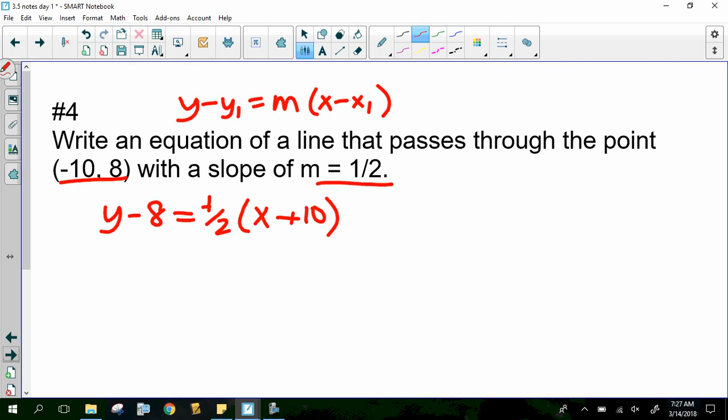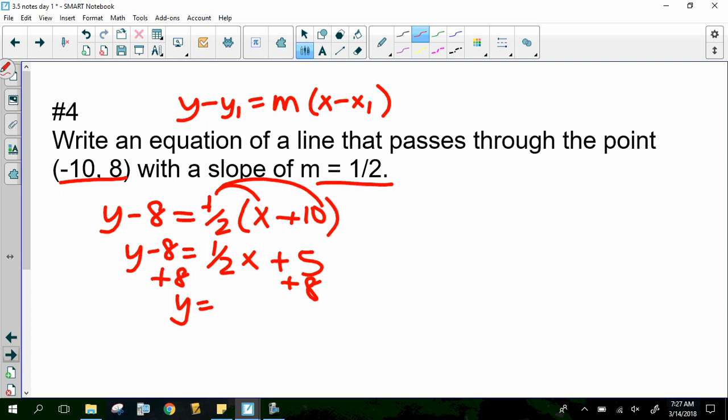So that becomes a positive 10. Distribute my 1/2. So I get 1/2 x plus 10 times 1/2 is 5. Y minus 8. Add the 8. So y equals 1/2 x plus 13.